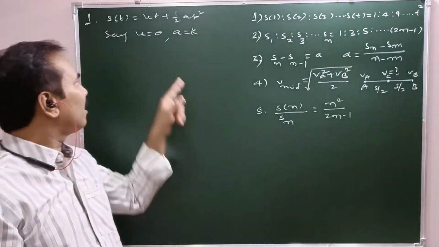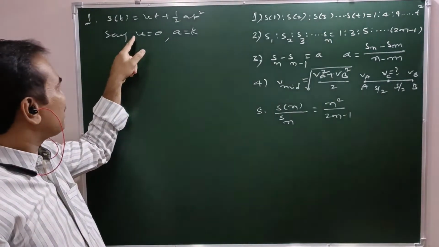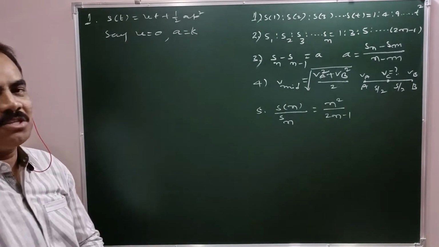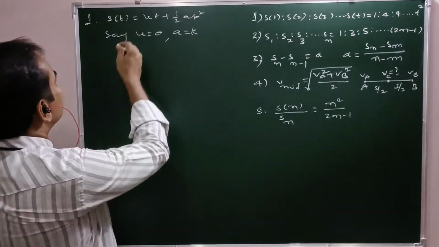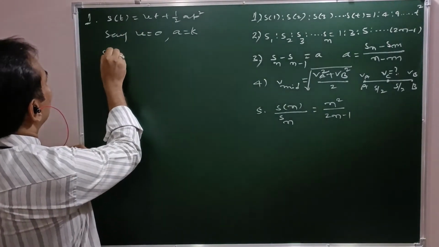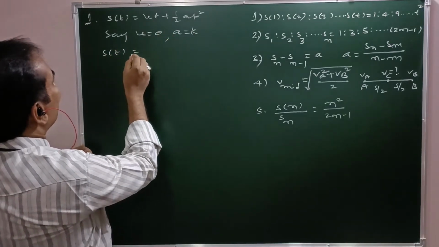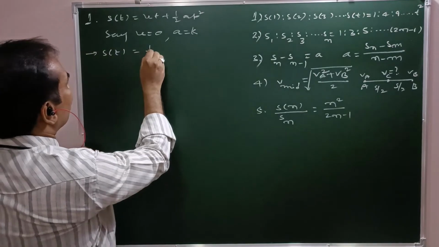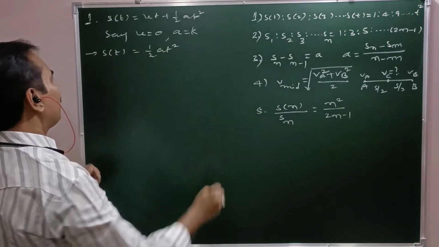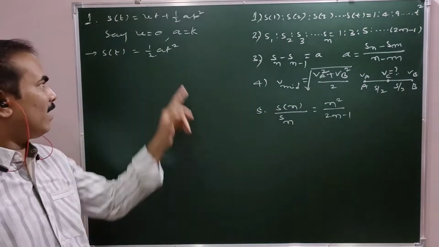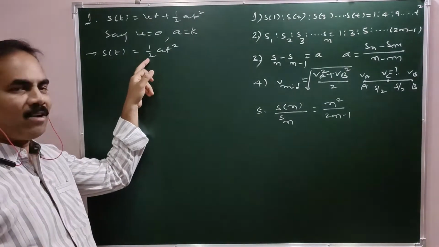But here the particle starts from rest, so the initial velocity is 0. Now substitute: S of t equals 0 plus half at square, that is half at square.